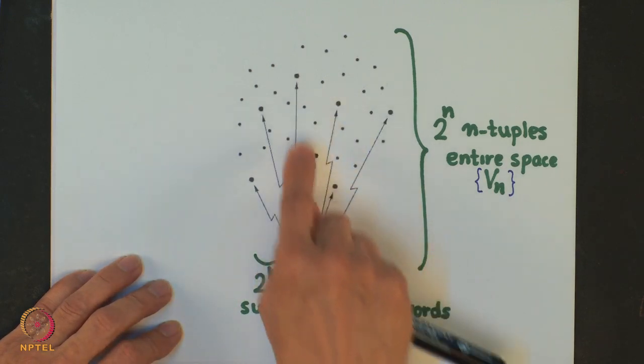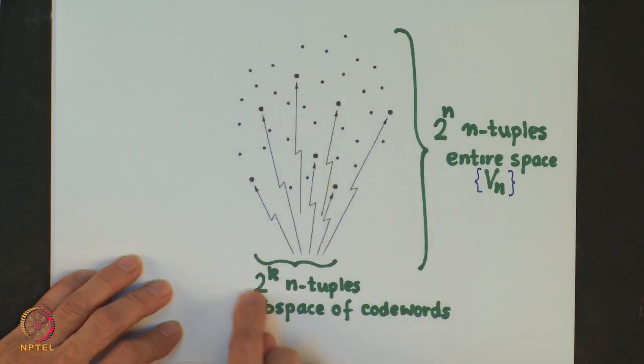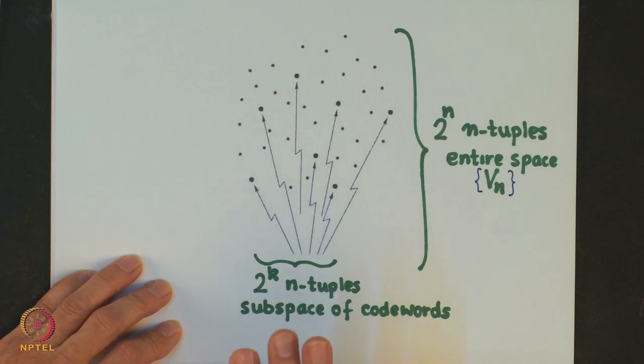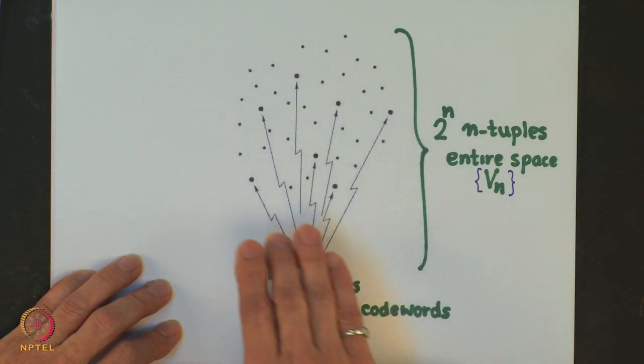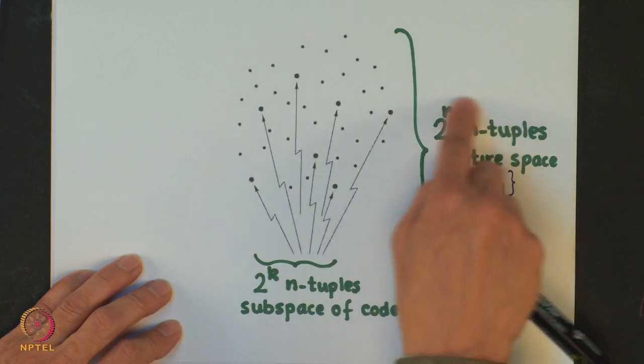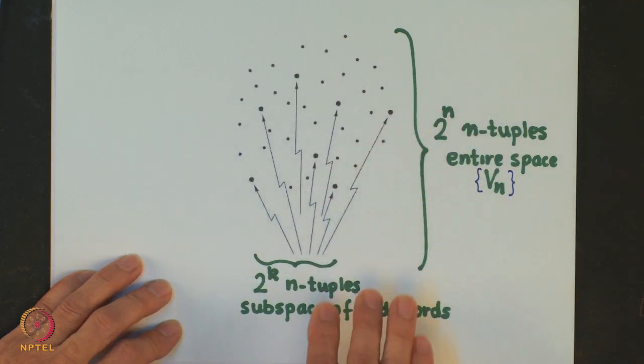We want to choose a 2 raised to k n-tuple subspace of code words from this entire space in such a way that we get coding efficiency by packing the entire space with as many code words as possible.